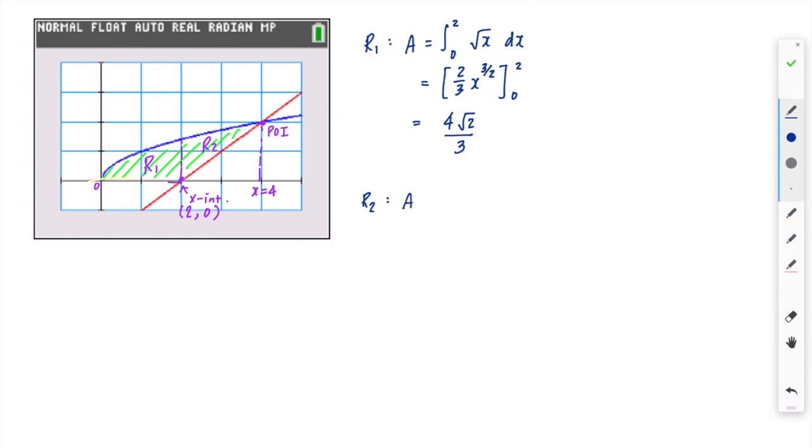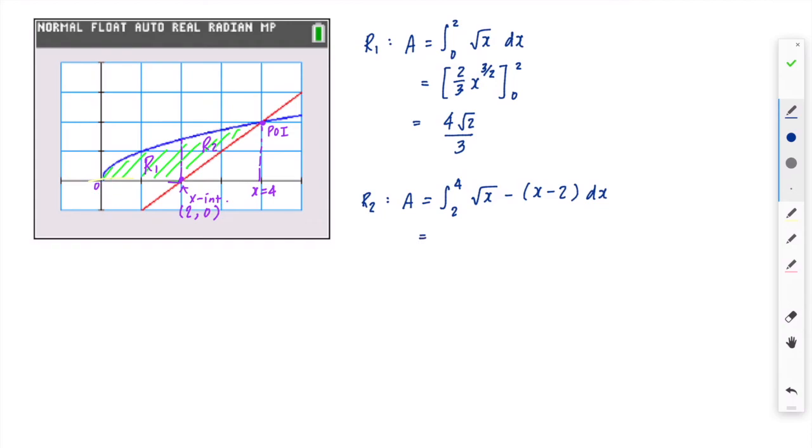Region 2. This region goes from 2 to 4. And I notice that it is actually sandwiched between the two functions. So here we have square root of x minus x minus 2. Okay.